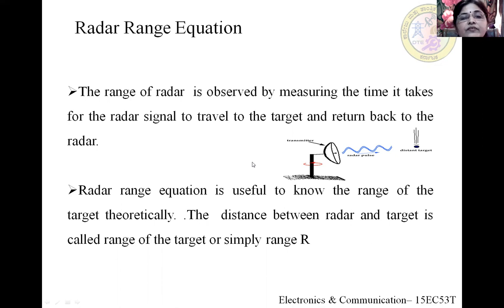The radar range is observed by measuring the time it takes for the radar signal to travel to the target and return back to the radar. The radar range equation is useful to know the range of the target theoretically. So the distance between the radar and target is called the radar range.